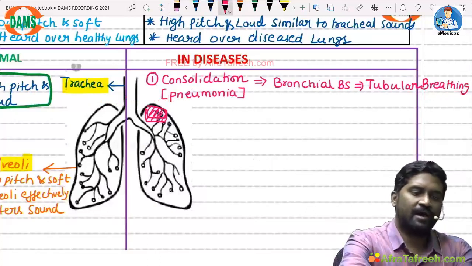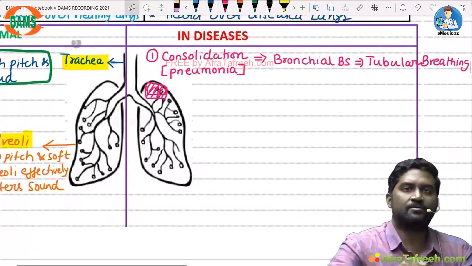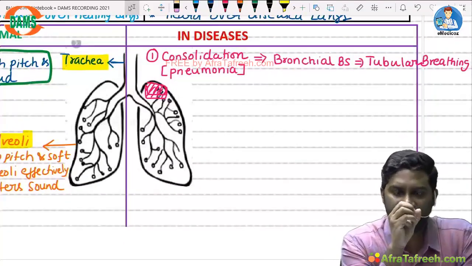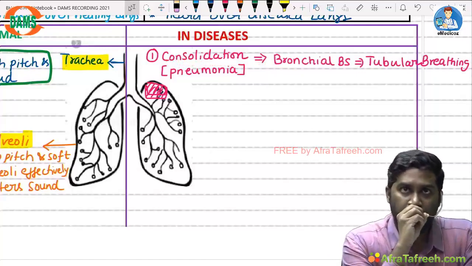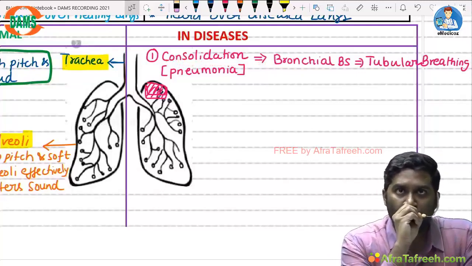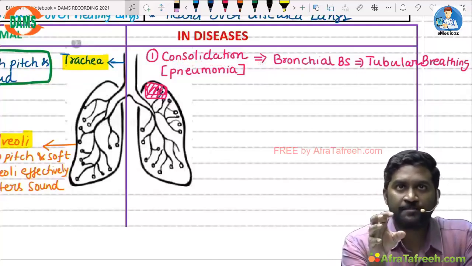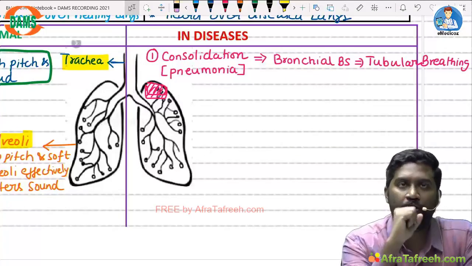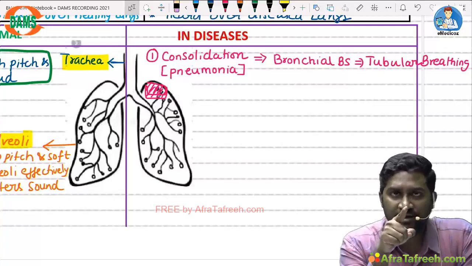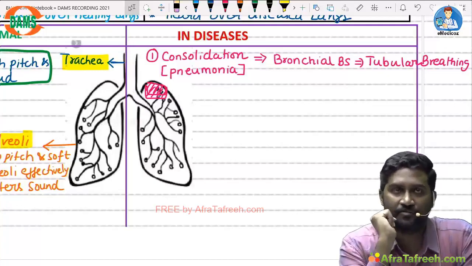It will be as if you are blowing through a hollow tube. That type of breathing is called tubular breathing.